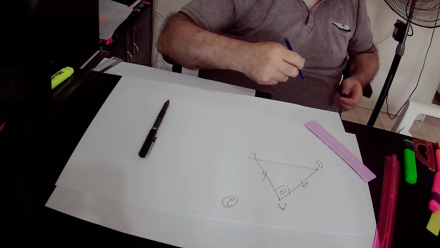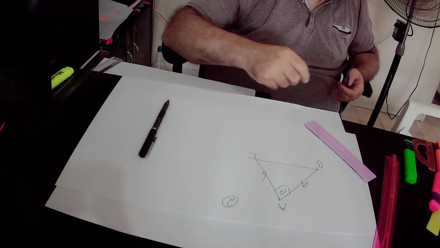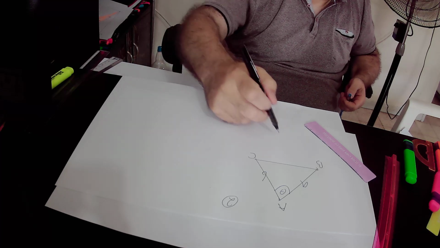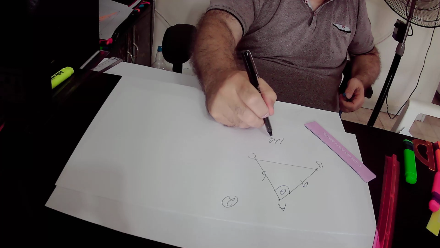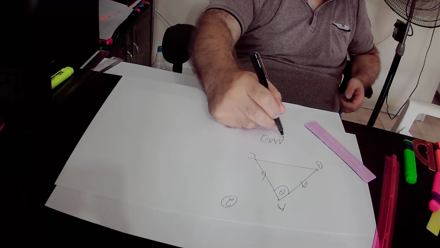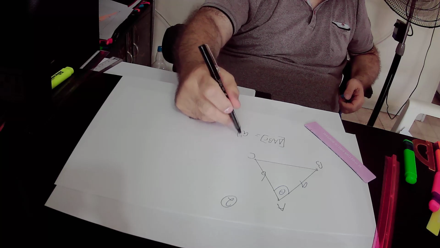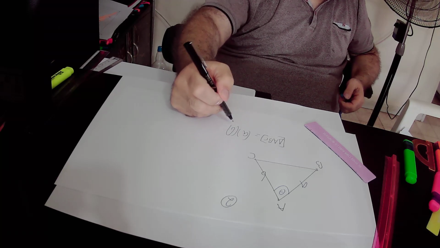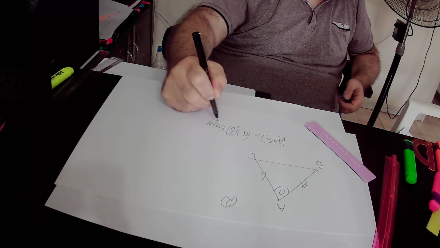Then the area of this triangle, triangle ABC that could be any triangle, will be equal to A times B times sine theta over 2.